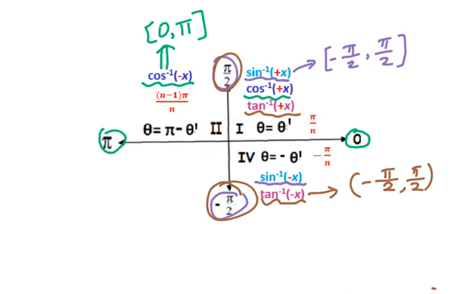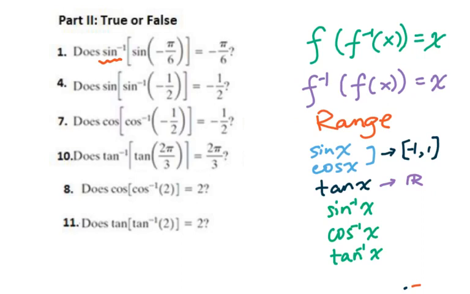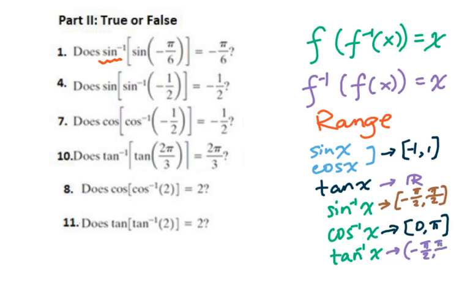In other words, use this chart to memorize the range of inverse trig function. Therefore, inverse sine range will be from negative pi over 2 to pi over 2. For inverse cosine will be from 0 to pi. For inverse tangent, the range will be from negative pi over 2 to pi over 2.